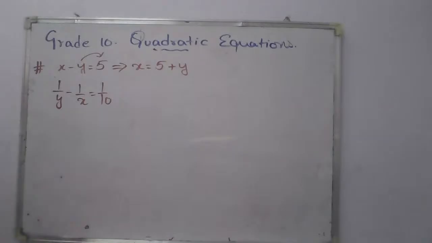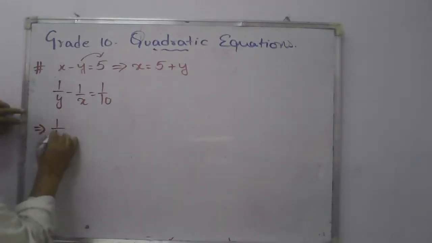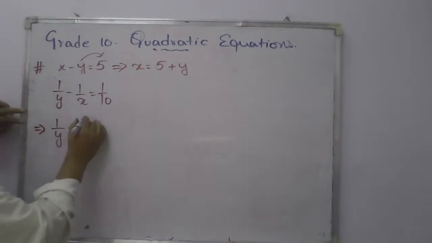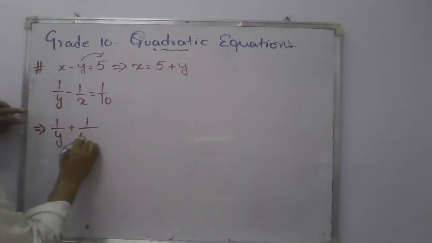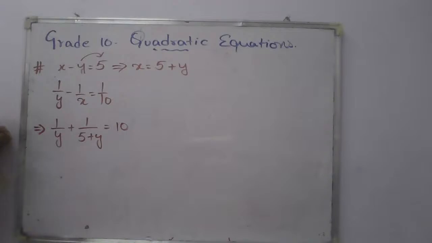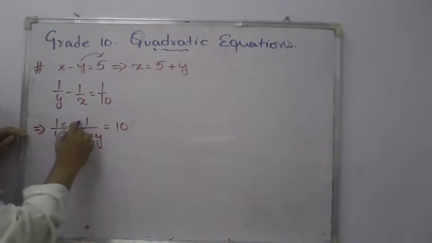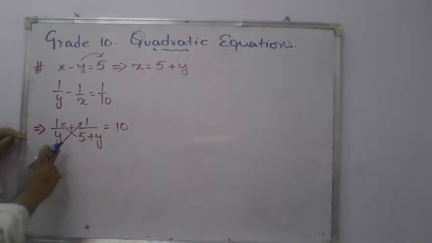Okay, so now let us substitute, in place of x, 5 plus y: 1 by y minus 1 by 5 plus y is equal to 1 by 10. And we have done LCM. What should I do? When you have different denominators, multiply the first numerator with the second denominator and the second numerator with the first denominator.